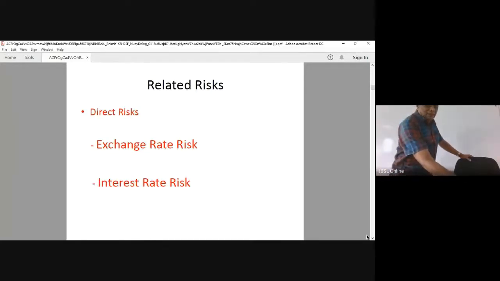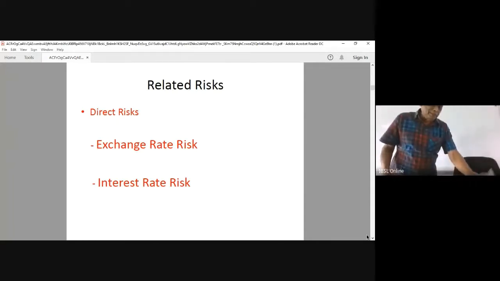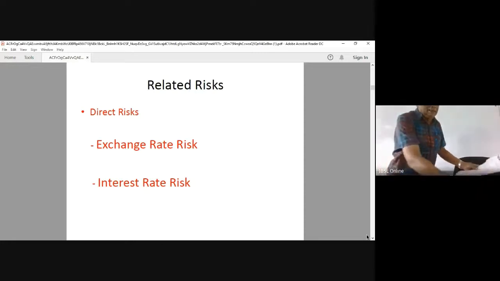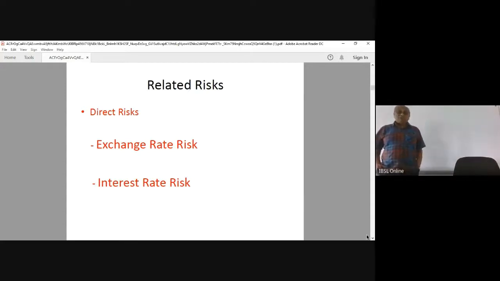Then we'll talk about the related risk in treasury operations. There are two risks. One is direct risk and the other one is indirect risk, right?